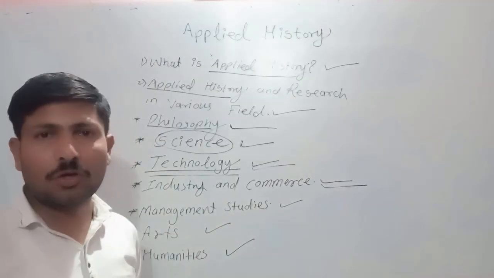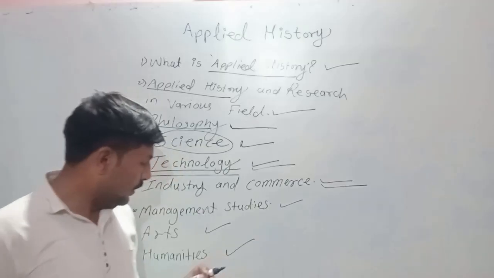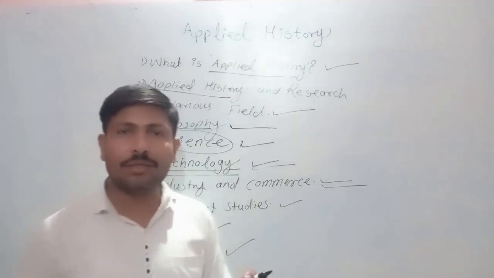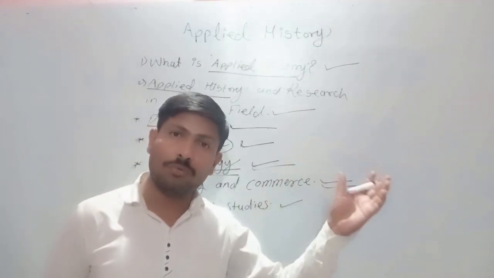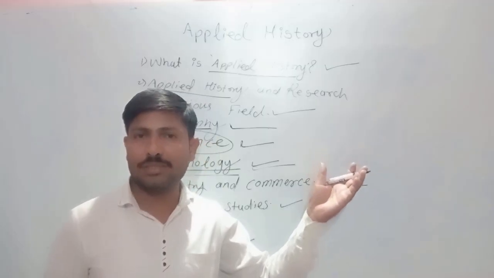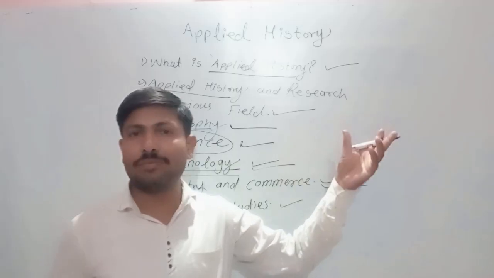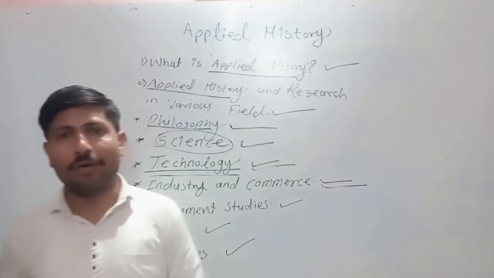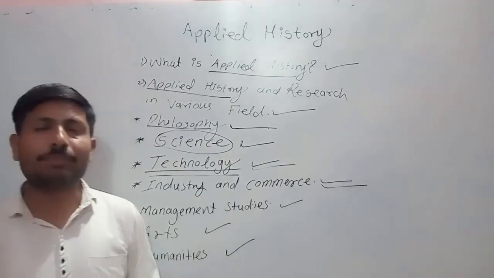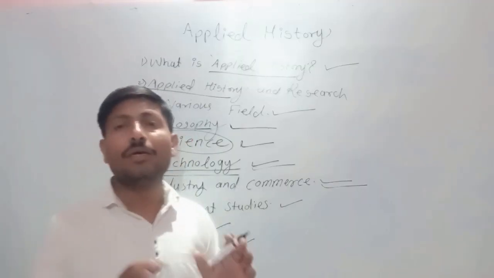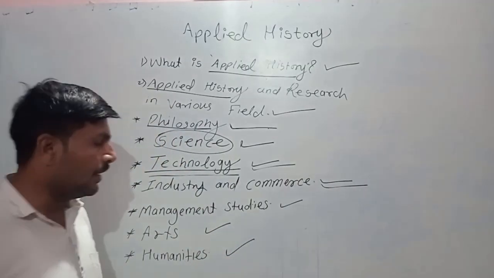Suppose the students of economics have to study history like demand and supply: how the demands were in the past, how the demands are in the present, and how the demand and supply situation is presented. All these things should be studied by the students of economics.